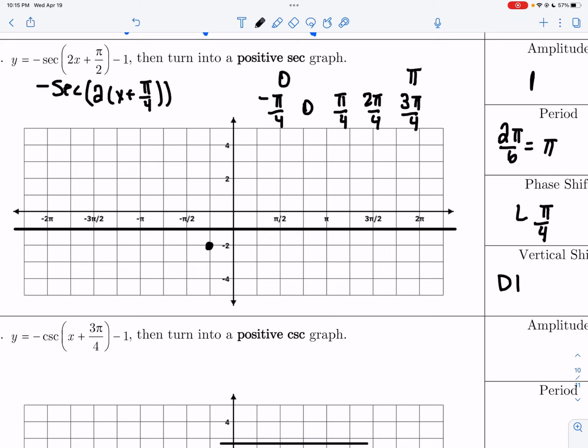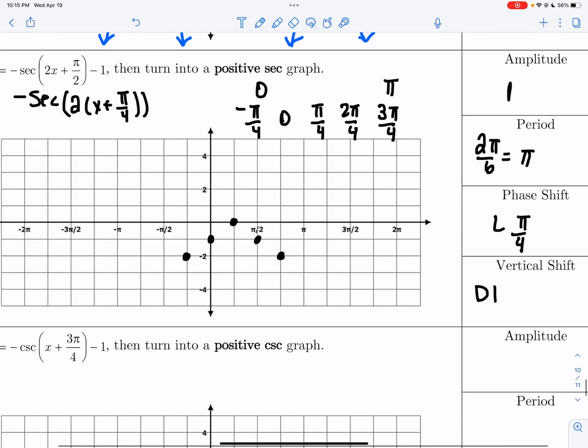All right, and then I am going to go back to 0. Then up to pi over 4, down to pi over 2, and then down to 3 pi over 4. I'm going to repeat this process.